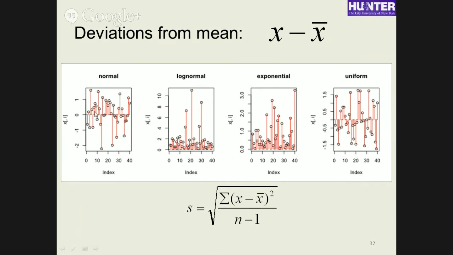So what I plotted here was 40 observations from a normal distribution with mean 0 and standard deviation 1. You can see that most of them are close to the mean, and a few of them are a ways away. And these red lines are showing these x minus x bar, these differences from the mean.